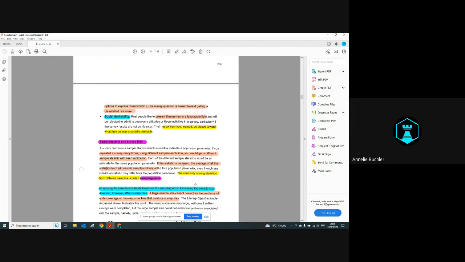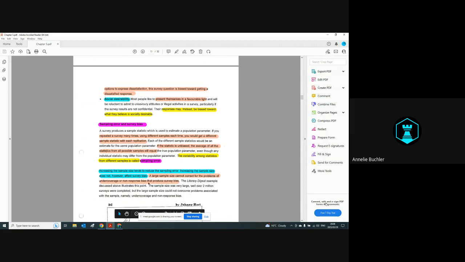Sampling error is the variability among statistics from different samples. So let's say you replicate your study and the variability among the statistics differs. That's sampling error. Increasing the sample size tends to reduce sampling error.